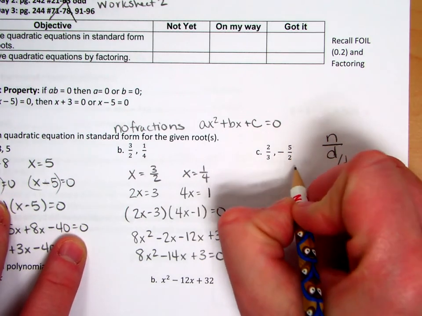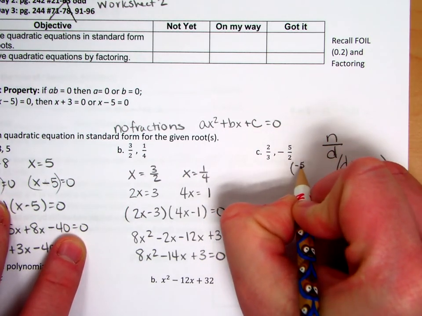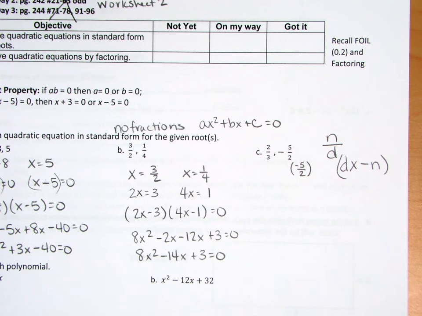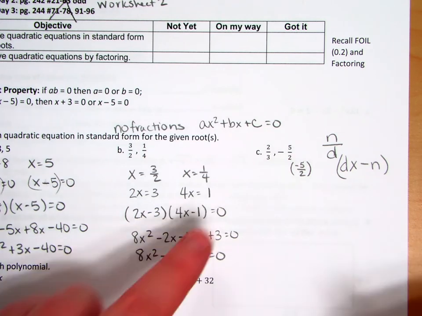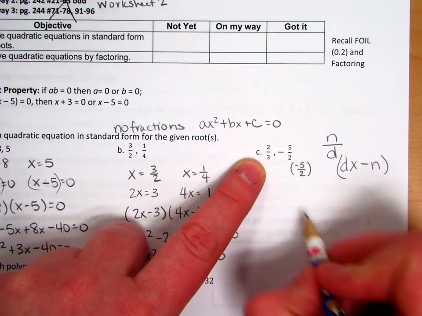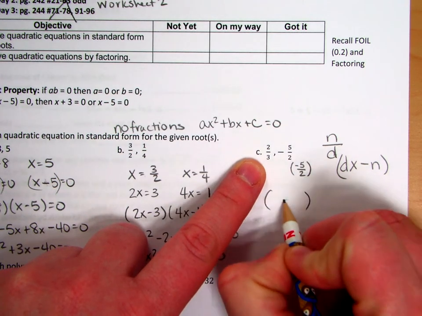So this would be really negative 5/2 versus a negative 5 divided by 2. It's not in front of the equation, it's on top with the numerator. So it was just a value. So opposite of positive would be a negative. So this first one's going to be a negative.